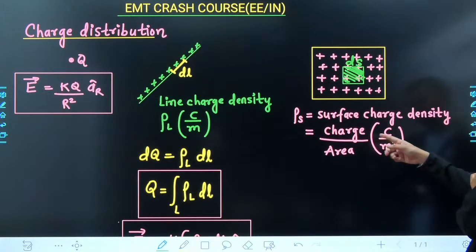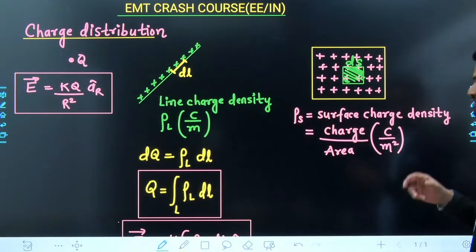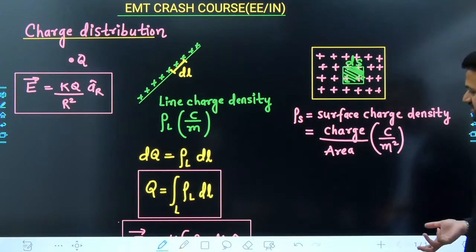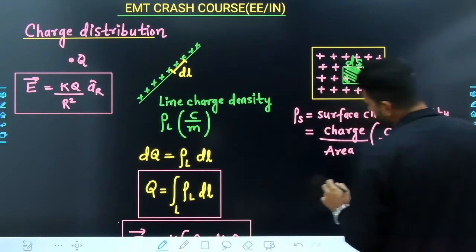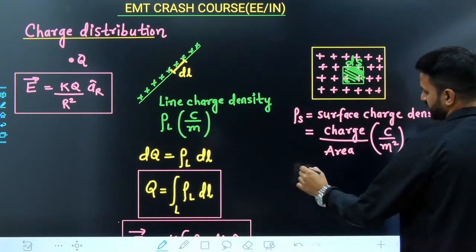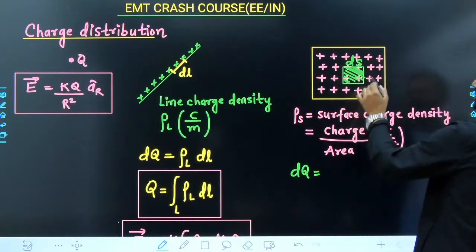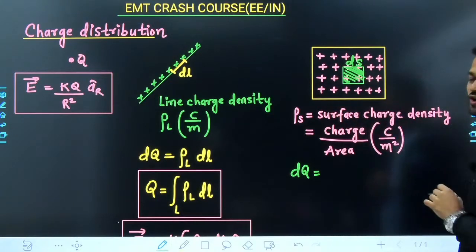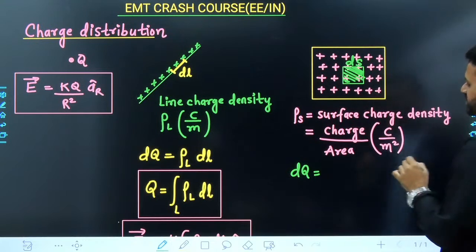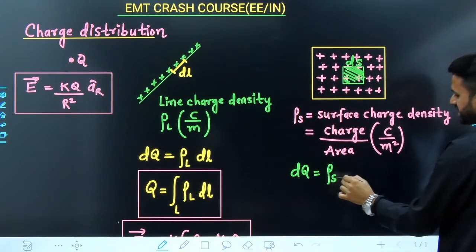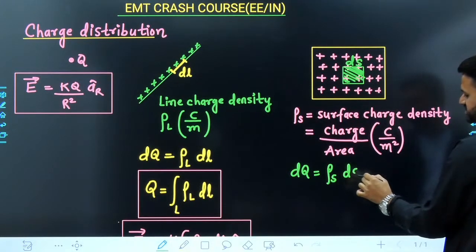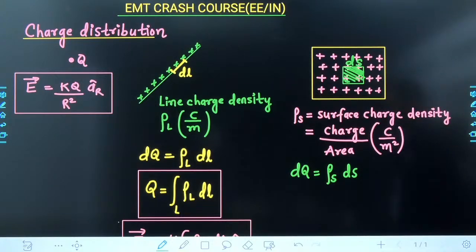As this is charge per unit area, you have to multiply it with the area. When you multiply it with the area of that surface, you get the charge present in that small area. So this is rho s into ds.